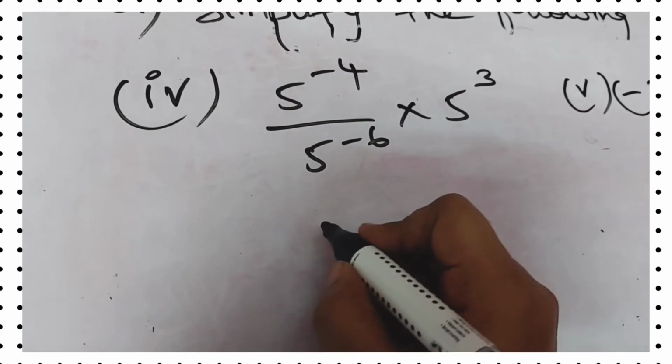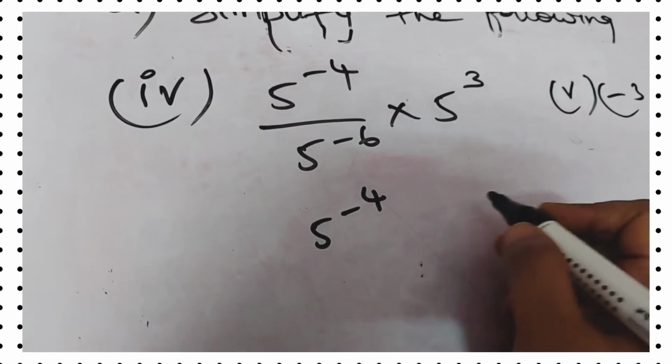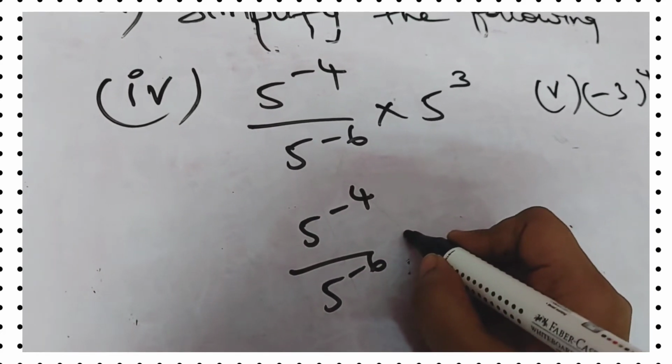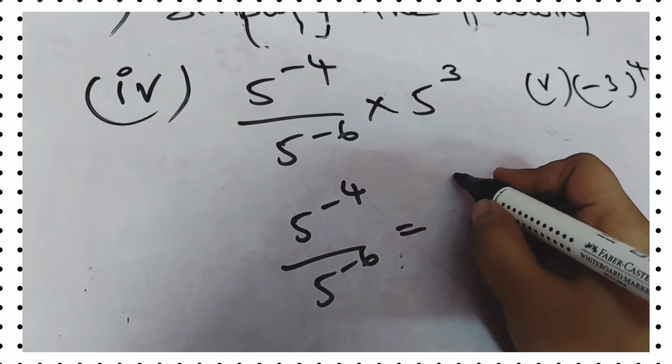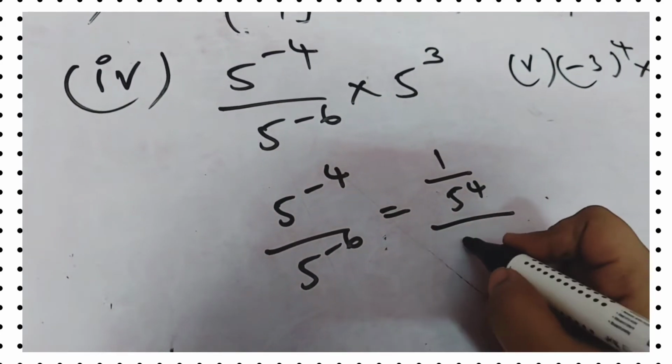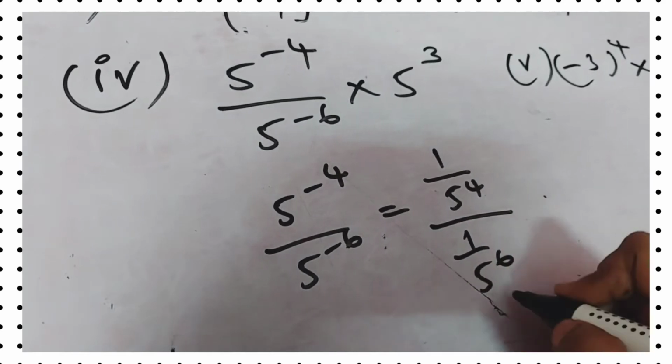So the fourth bit is 5 to the power of minus 4 by 5 to the power of minus 6. So how to write this? This we can write as 1 by 5 to the power of 4, divided by 1 by 5 to the power of 6.